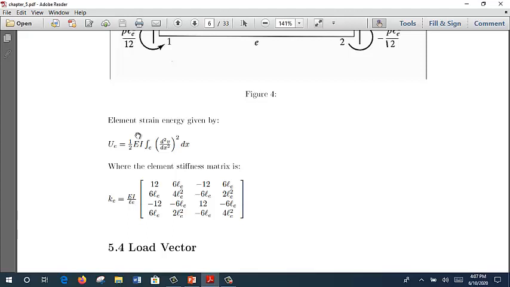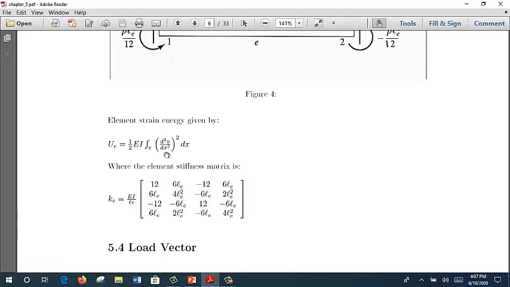And then in order to calculate your element stiffness matrix, and this is important, if you still remember, for every element in the system we need to calculate the stiffness matrix. So from here, this is how they calculated for that. The le here represents the length of the beam.